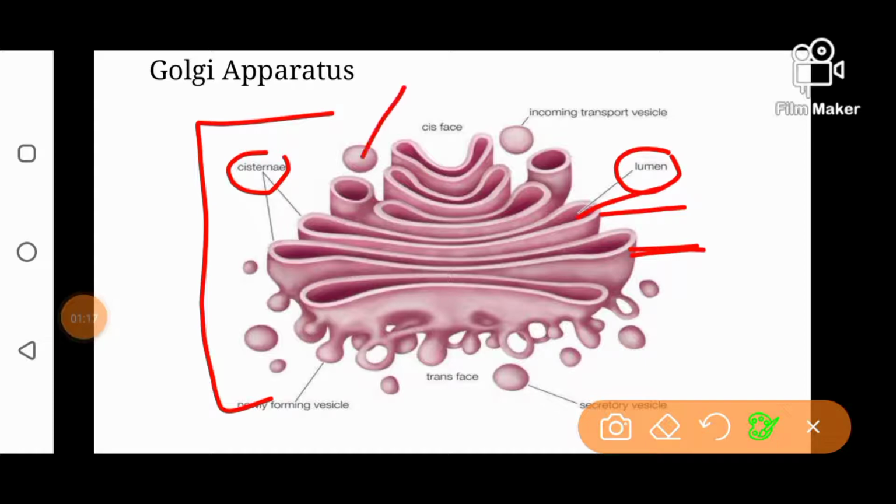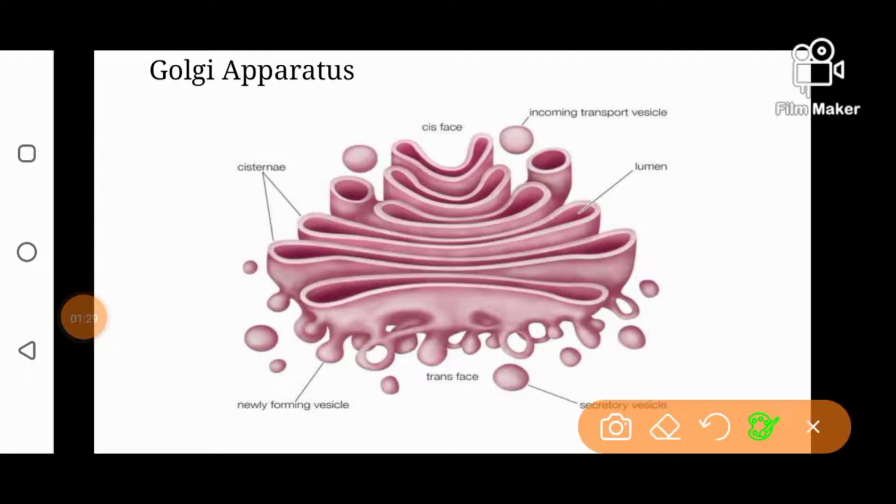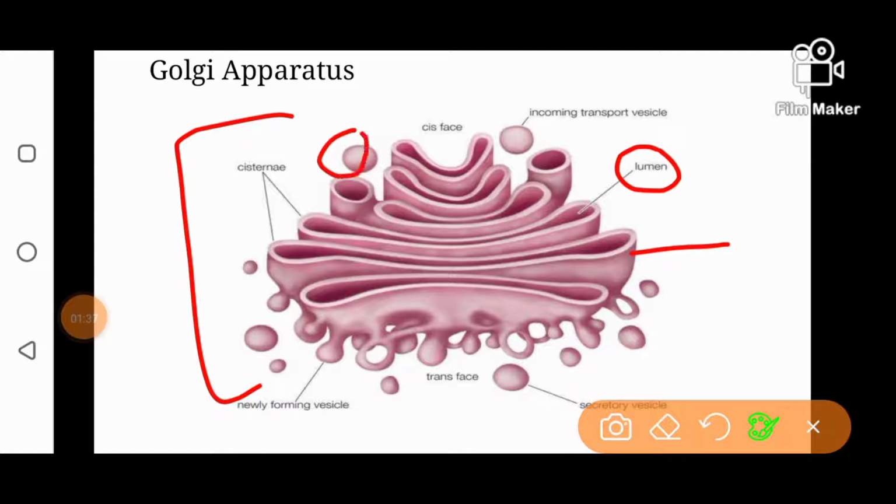And these spherical structures are vesicles which are associated with these cisternae along with these tubules. So this complete structure represents a dictyosome composed of cisternae enclosing a lumen, vesicles and tubules.